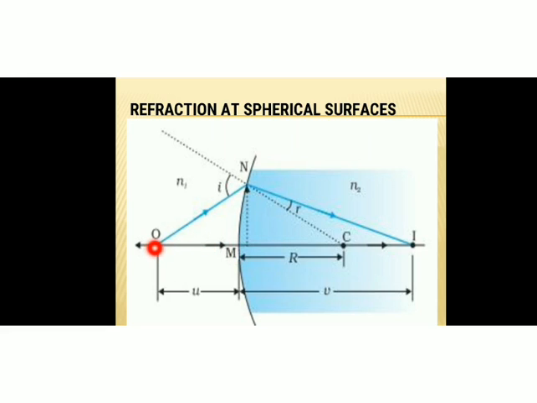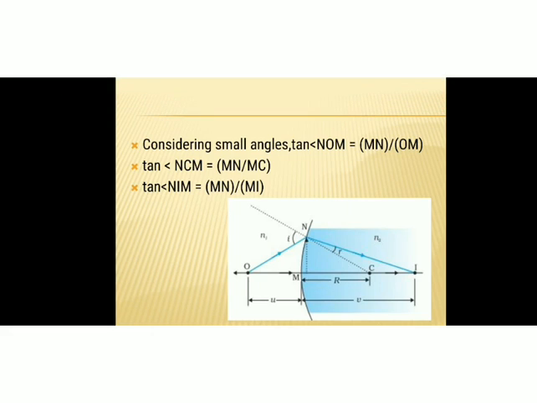And here we need to consider some triangles. Which are the triangles? First triangle is triangle NOM. Now, this is our angle NOM.